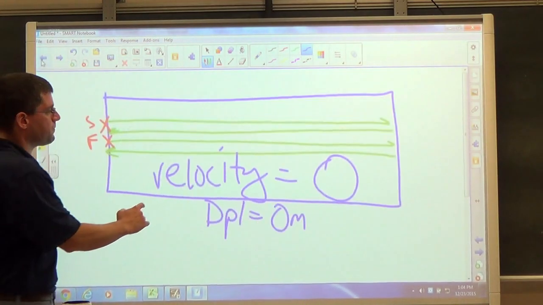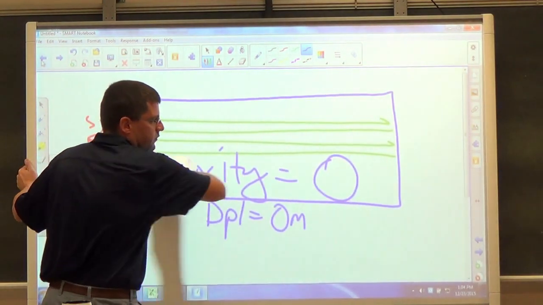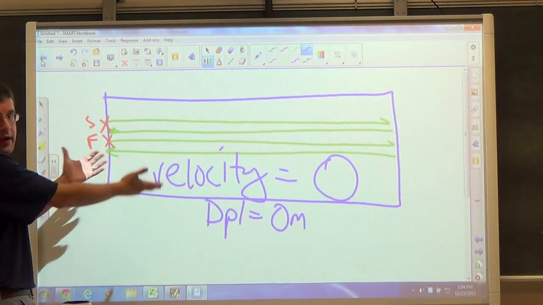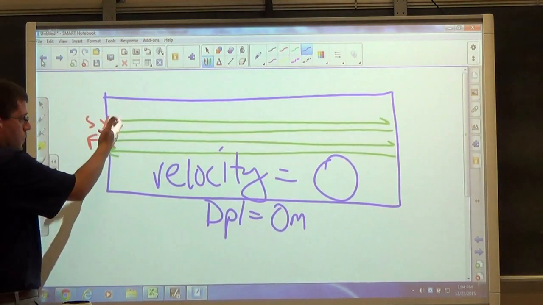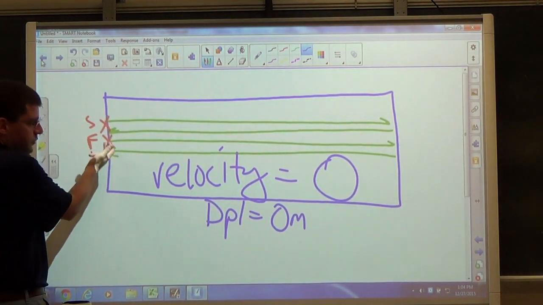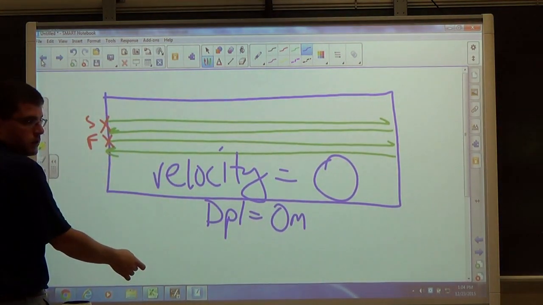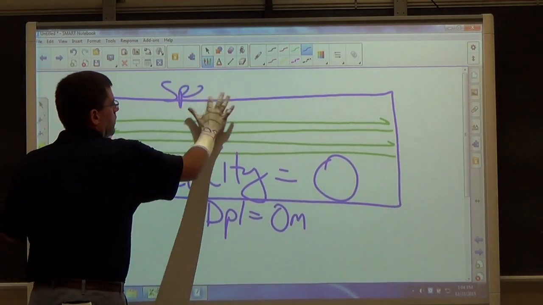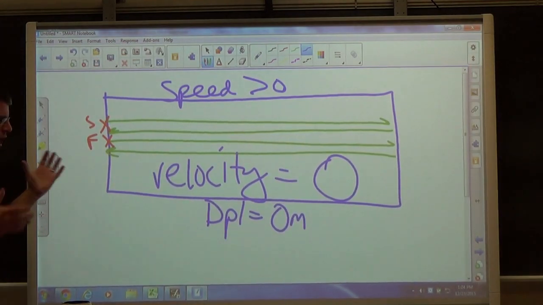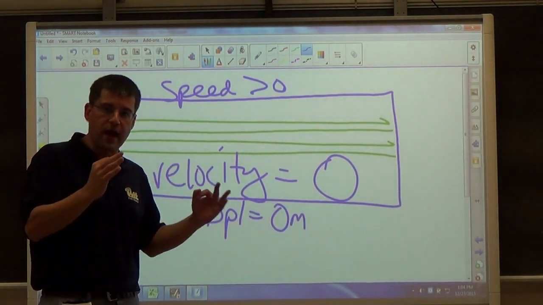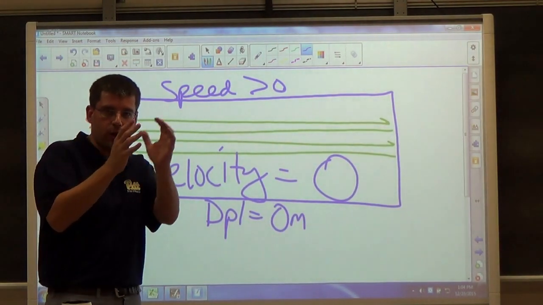So distance here: 25, 50, 75, 100. You can calculate the speed. There's a magnitude. Is it a vector? Well, you're back to the starting point, 0. But your speed is greater than 0. Okay? I hope that helps you with speed and velocity. So velocity is displacement over time, point A to point B.